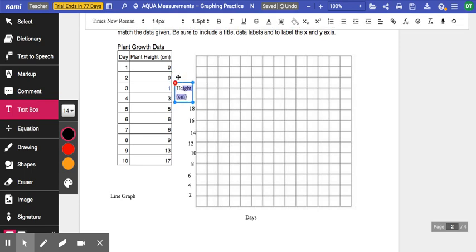Move this guy over. All right, so now I need to label my days.